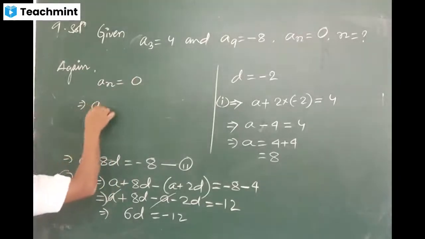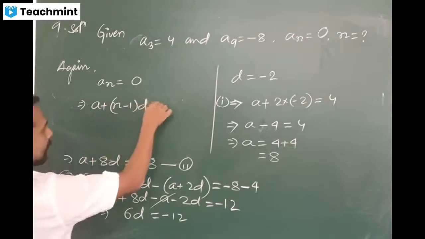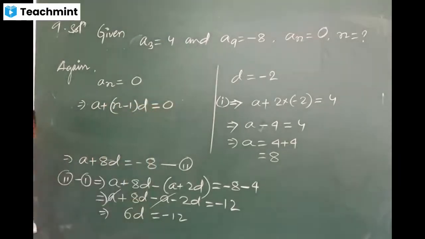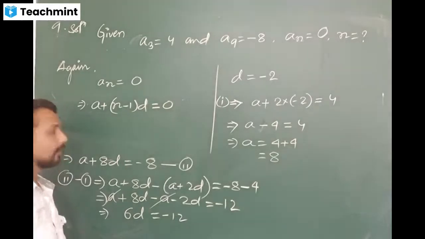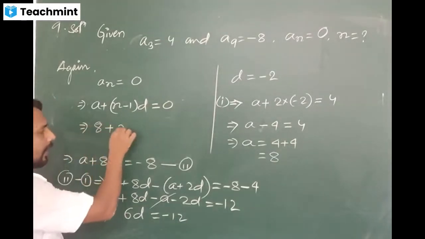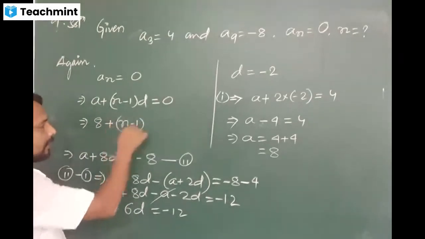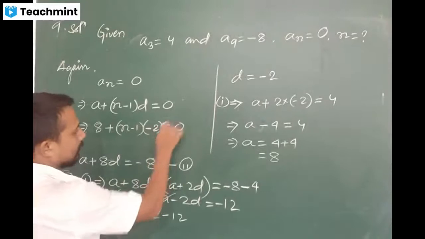An means A plus n minus 1 into D equals this value 0. The A value we have is 8, plus n minus 1, the D value is minus 2. It is equal to 0.